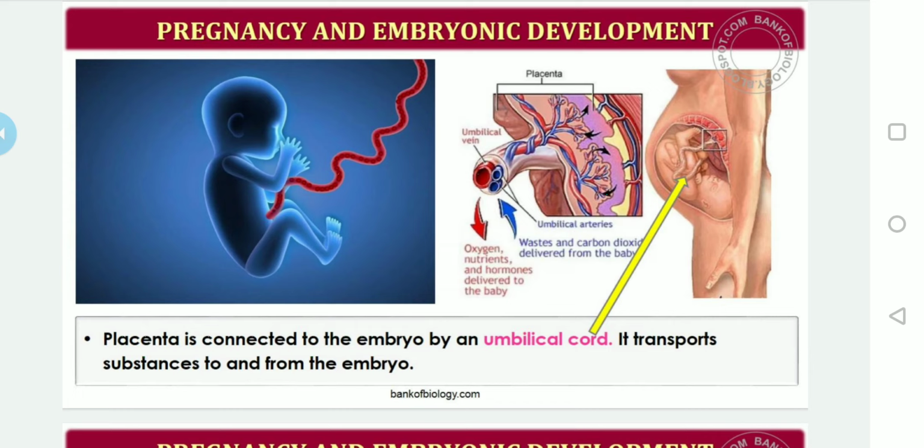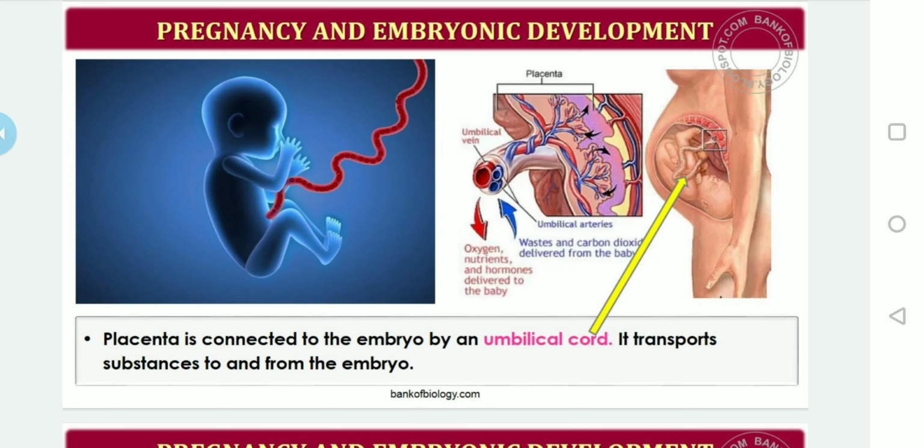In the detailed diagram on the right side, the placenta, umbilical veins and umbilical arteries are given, showing how oxygen, nutrients and hormones are delivered to the baby, and how waste and carbon dioxide are removed from the baby. So there is an exchange of gases.